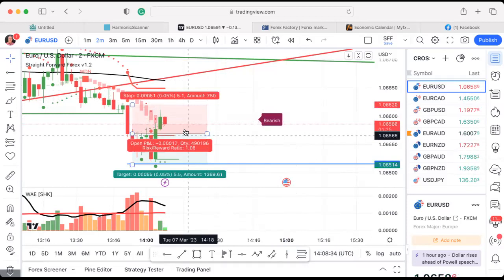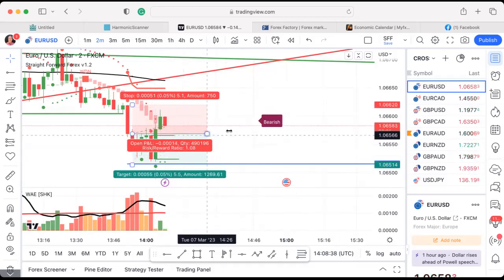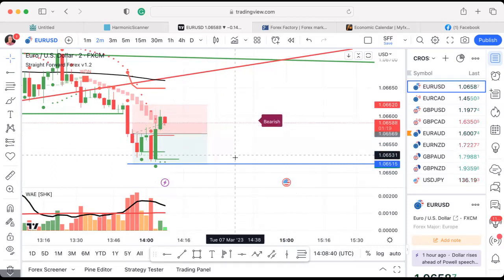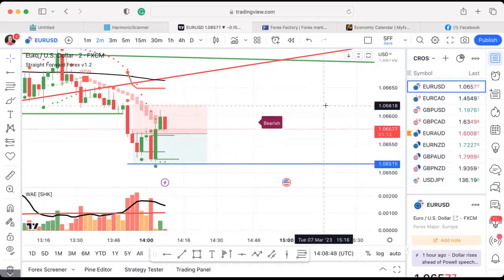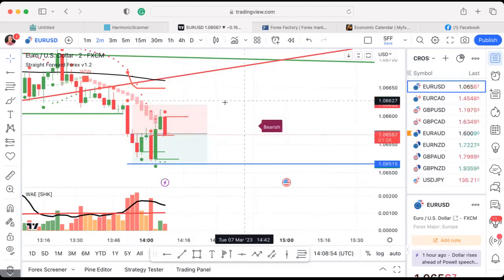But the potential was there for some profit. No shame in getting out at less than 1%. If you've got a large funded account, 0.5% is still good enough. Mind you, we might be preempting. This is starting to make its way back down again.